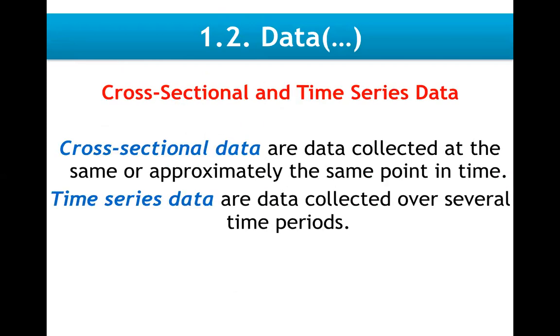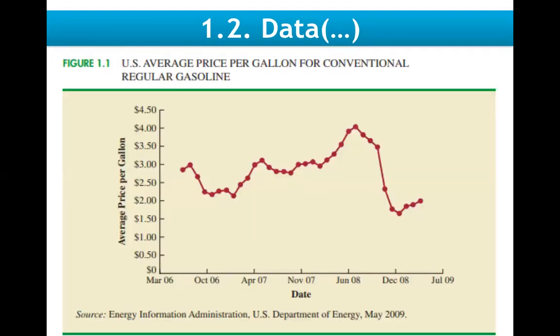Here is a graph, as you can see, an example of time series in figure 1.1. It shows the United States average price per gallon of conventional regular gasoline between 2006 and 2009.